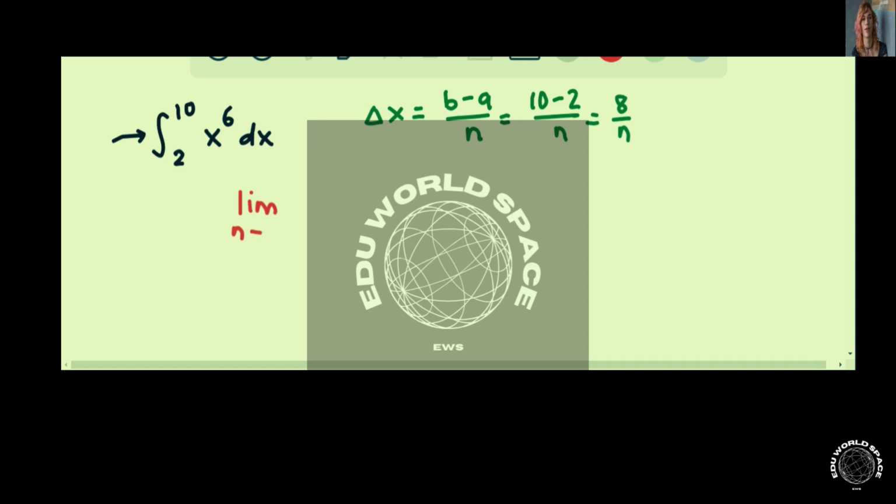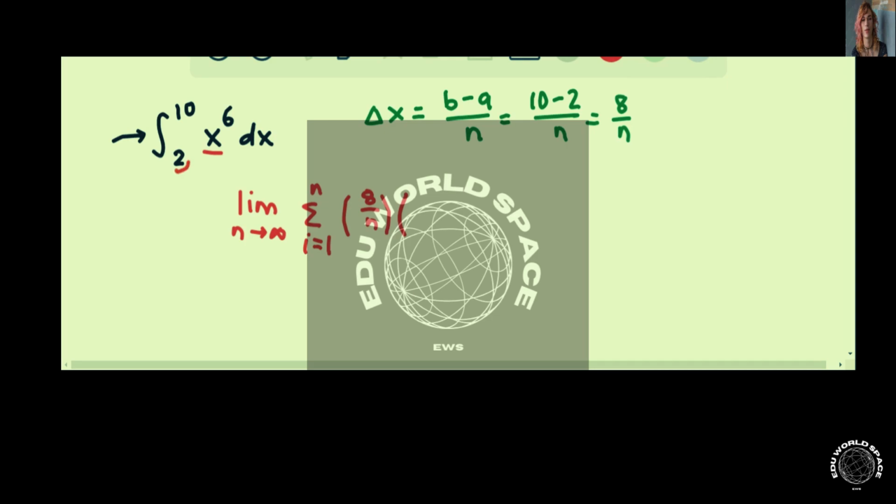So it's going to be the limit as n approaches infinity of the sum from i is 1 up to n of, we'll go ahead and write the width, delta x here, which is 8 over n, and then multiplied by this x to the sixth.